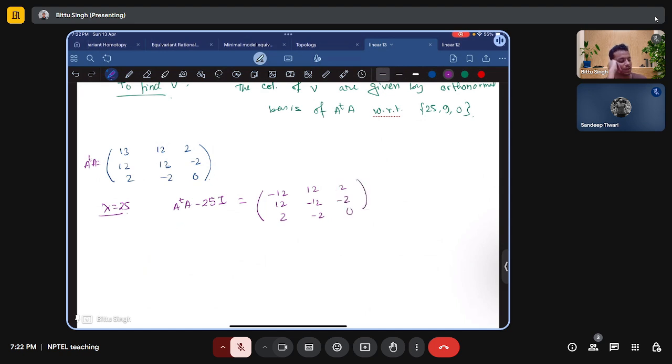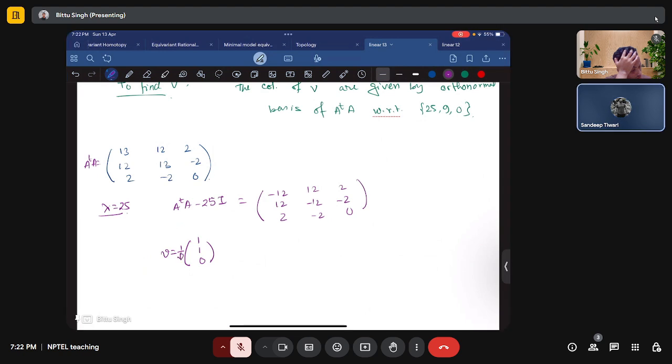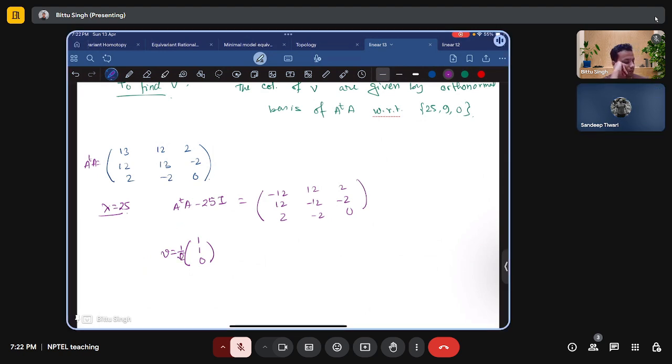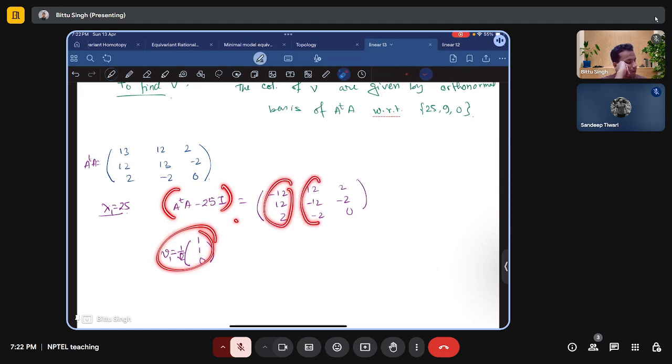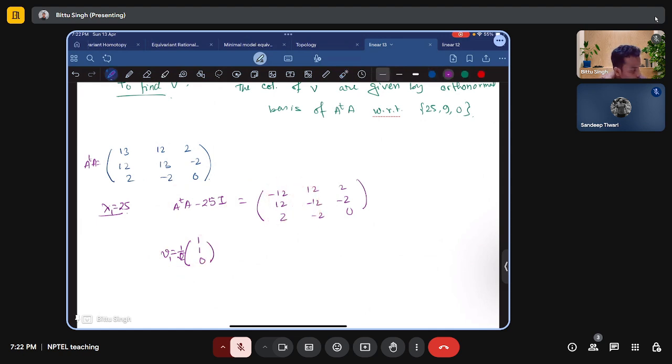So it is clear that if you take the combination 1, 1, 0, that will give 0. So 1 by root 2 times this is an eigenvector corresponding to lambda 1, because if you add the first two columns, that is 0.